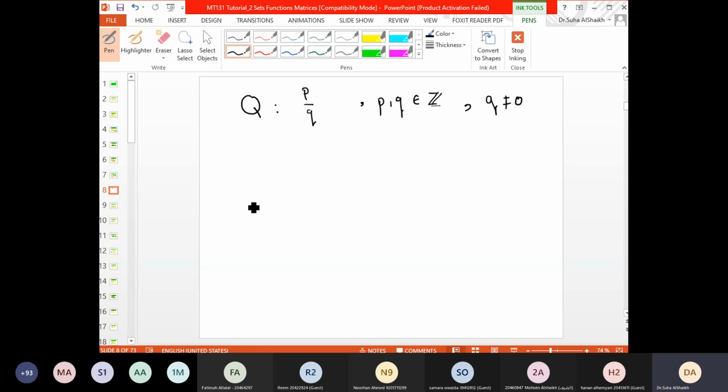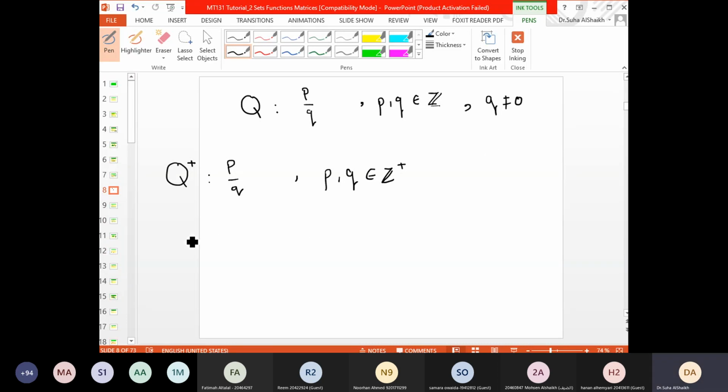There is no question about this; it is just notation. This is the Q in general. Now if I say Q plus, it's going to be P over Q, and the P and the Q should be in Z plus. With this condition we don't need to worry about it, since P and Q in Z plus means that Q is not equal to 0.